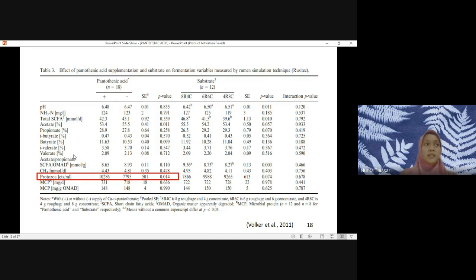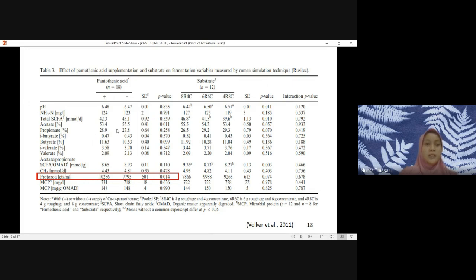In my understanding, RUSITEC is based on how many hours we run the rumen simulation. When the forage source has finished fermenting, it will disappear, so there is no more acetate result.